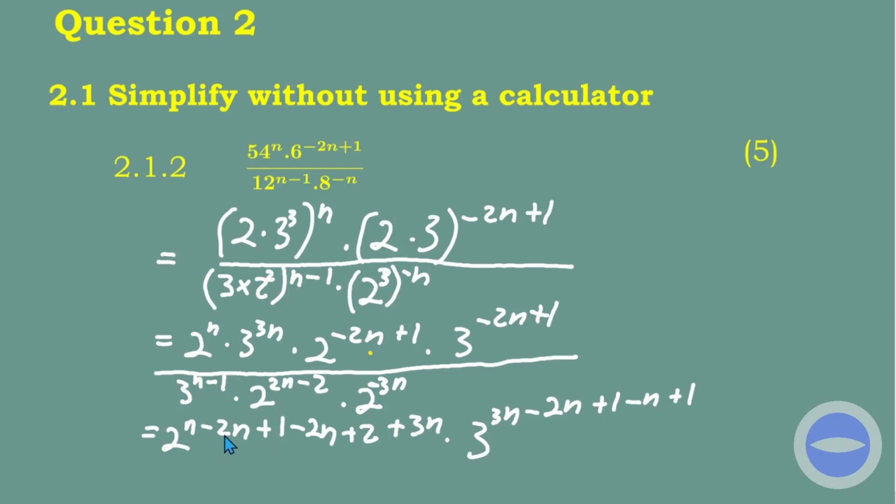So I have negative 2n and negative 2n, which will make negative 4n, and I have n and 3n, which will make positive 4n. So 4n minus 4n is 0.